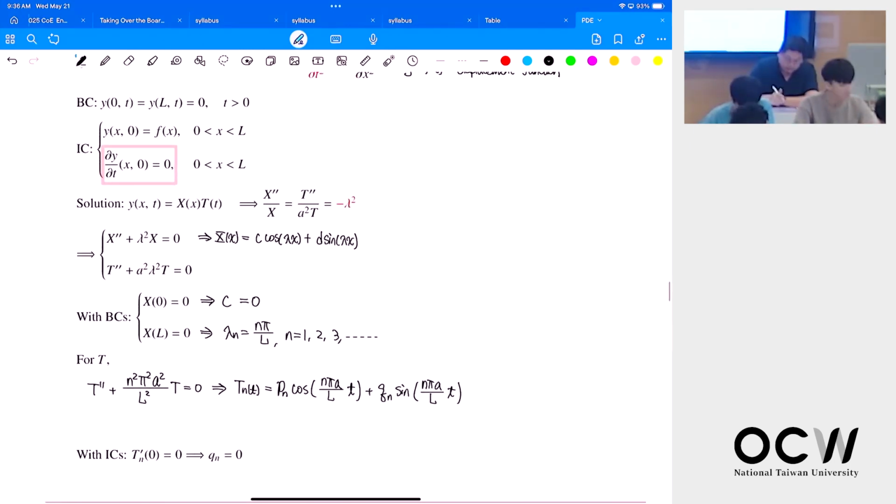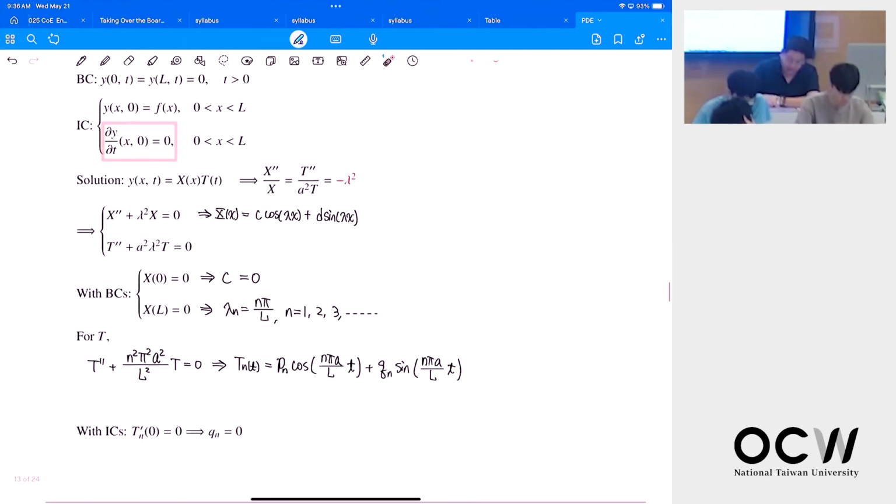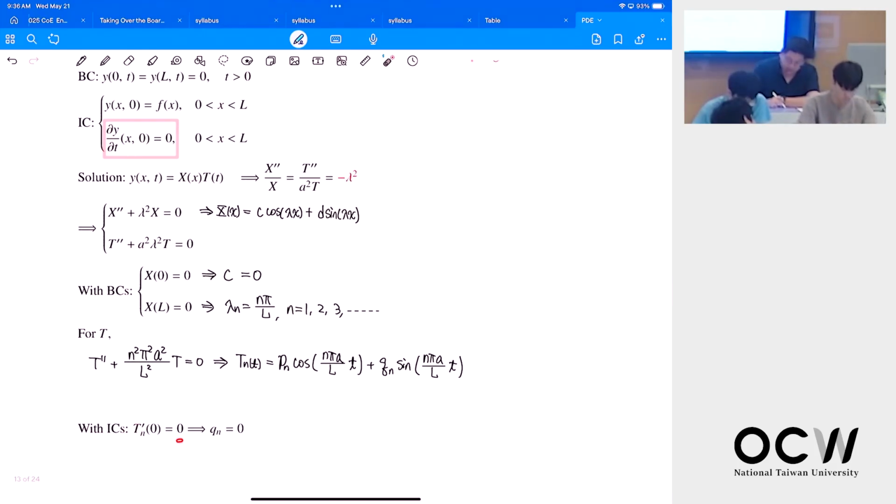Now we still have initial conditions. So first, we take the derivative, and then we have the zero initial velocity. So we take the derivative, and then set it to 0 when t equals 0. So if I take the derivative, cosine becomes sine, sine becomes cosine.